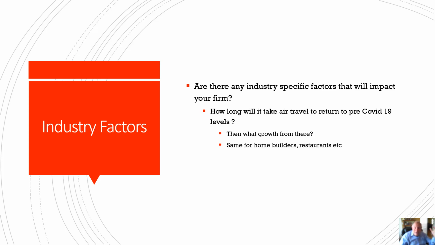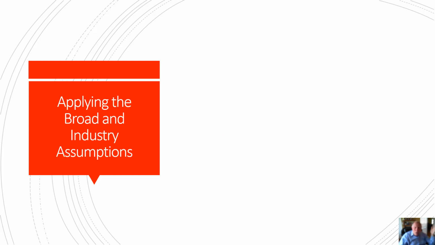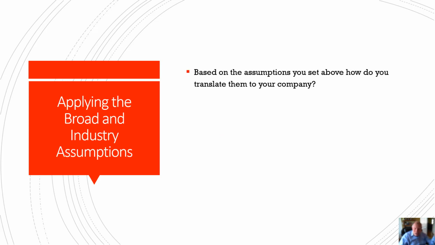And some of them, remember, for example, if you're doing Advance Auto Parts, electric vehicles are coming into play. And over the next 5 years, we're going to see a lot more. What does that mean for the company: sales, inventory levels, skills of workers, etc.? So we're going to apply the broad and industry assumptions. You have to translate them into your company.